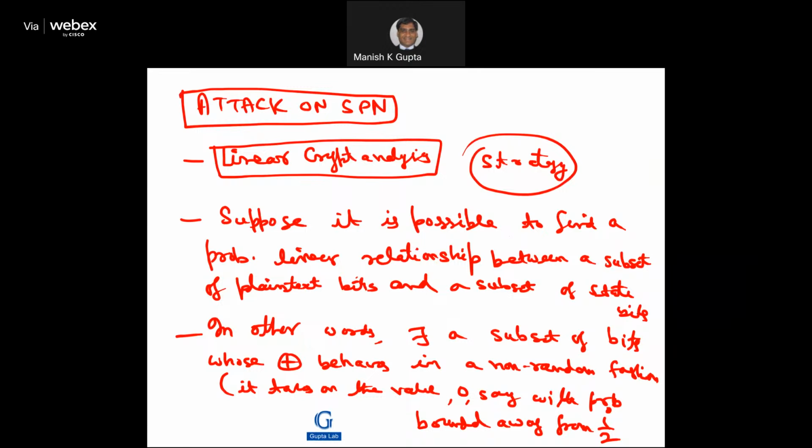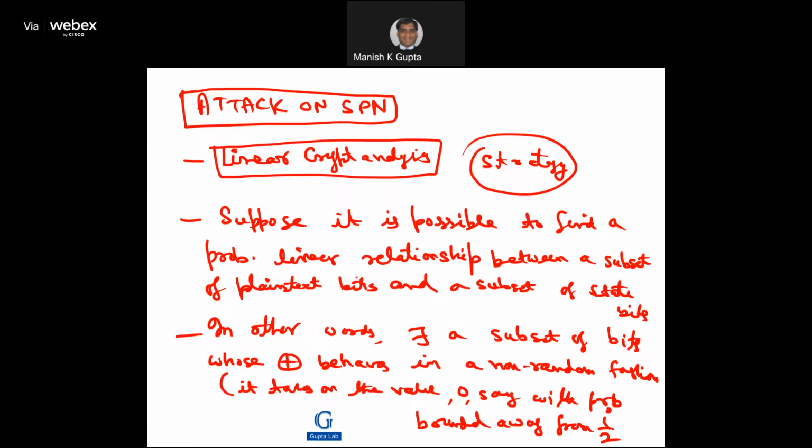Suppose it is possible to find a probabilistic linear relationship between a subset of plain text bits and a subset of state bits. Some probabilistic linear relationship is there. In other words, there exists a subset of bits where the exclusive OR, because we are doing exclusive OR everywhere, behaves in a non-random fashion.